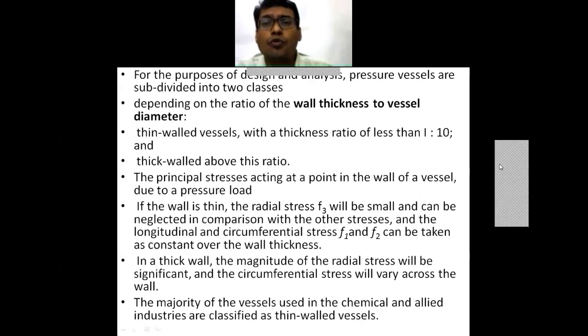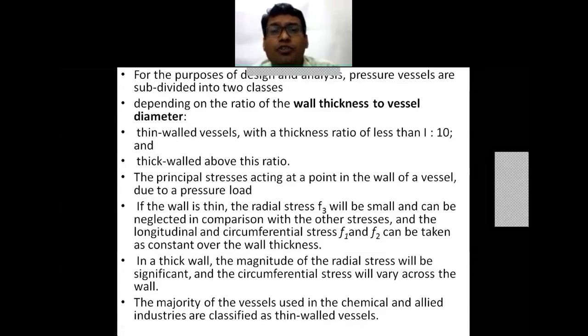Now, while designing, we need to analyze the pressure vessel in two categories: the thick wall vessel and the thin wall vessel. We have already defined the relationship between wall thickness and vessel diameter.